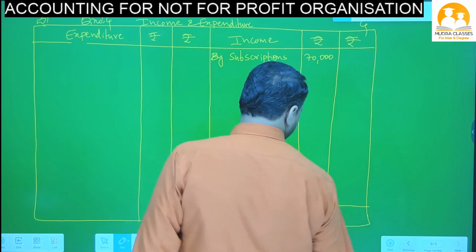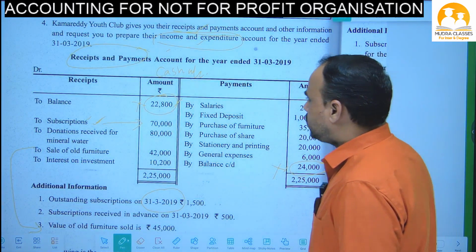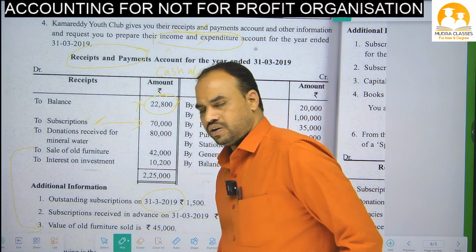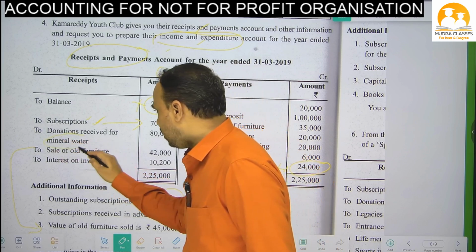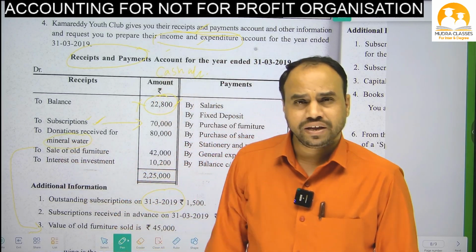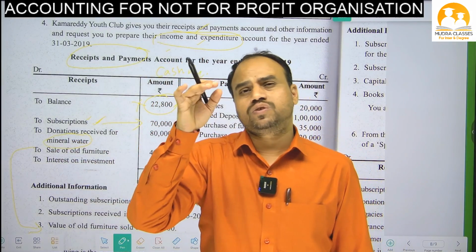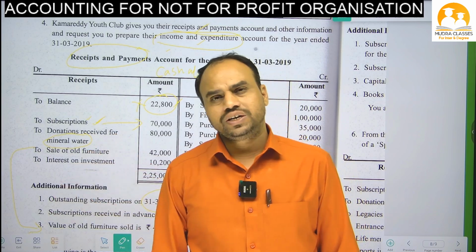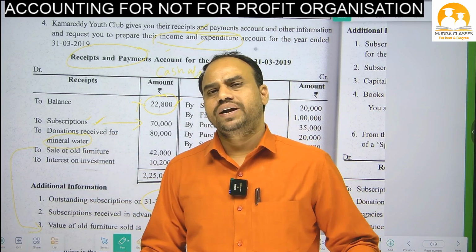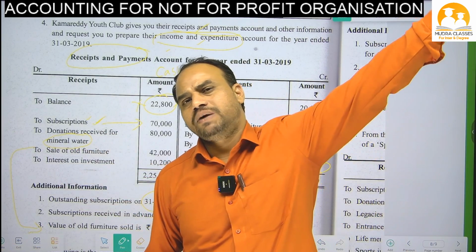Okay, see the next one, donation received for mineral water. This is a specific donation, Nana, because one person donated money and is also stating the purpose for which it has to be used. This is called a specific donation. This specific donation we will not write in the income and expenditure account; we will write it on the liability side of the balance sheet.